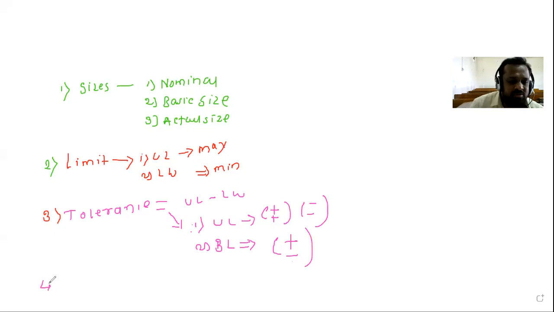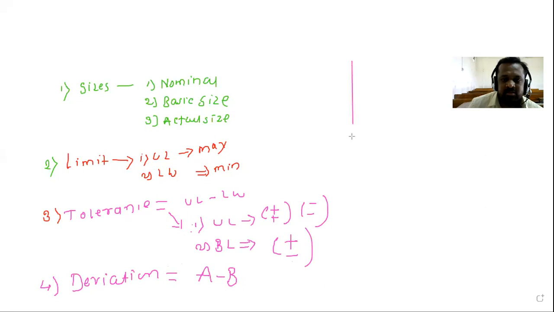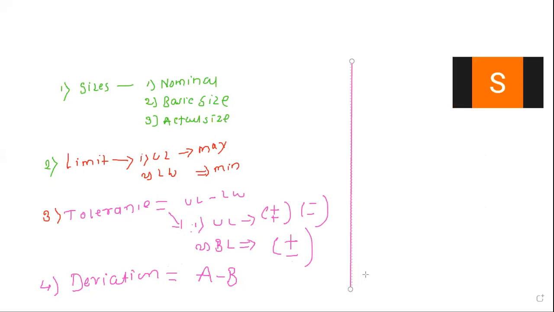Then the next point is deviation. What is meant by deviation? It is the algebraic difference between actual size and basic size. Deviation has two types: upper deviation and lower deviation.